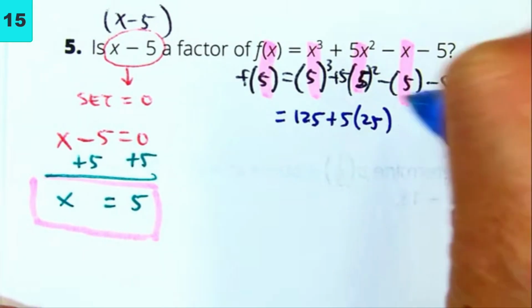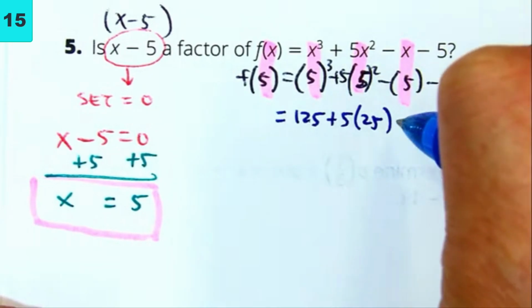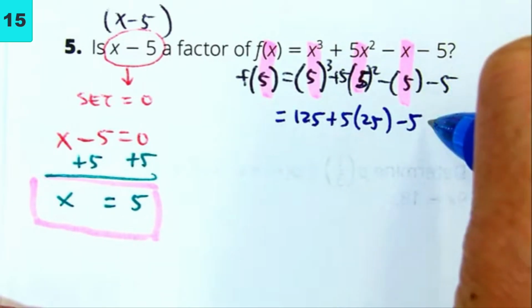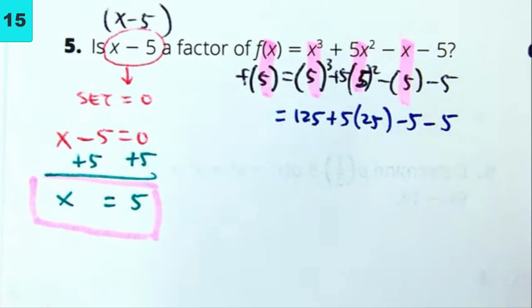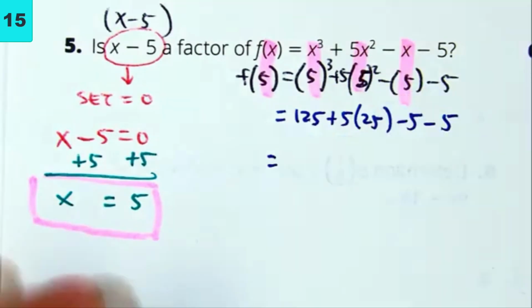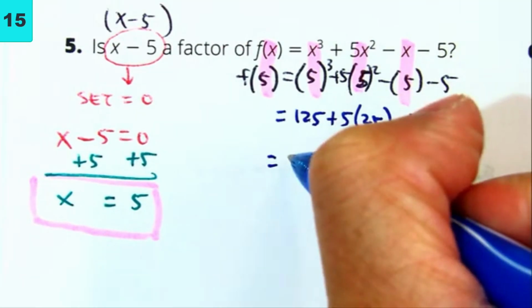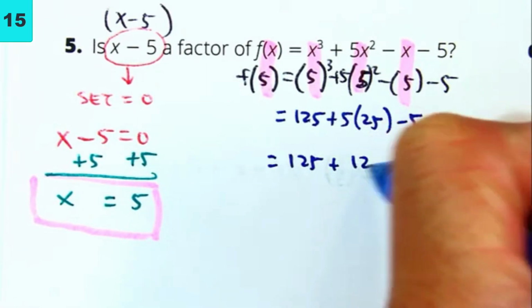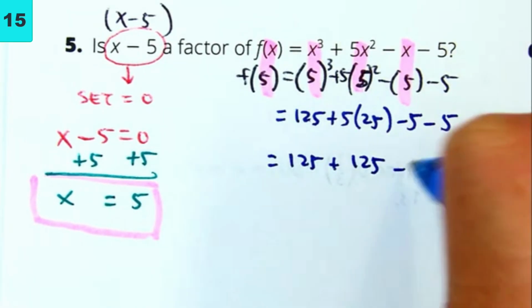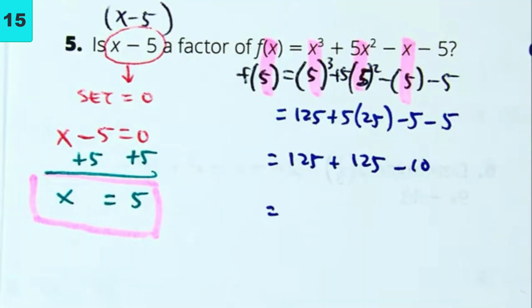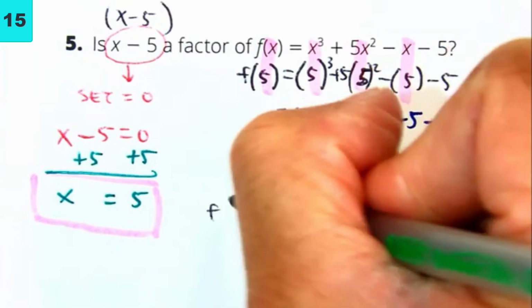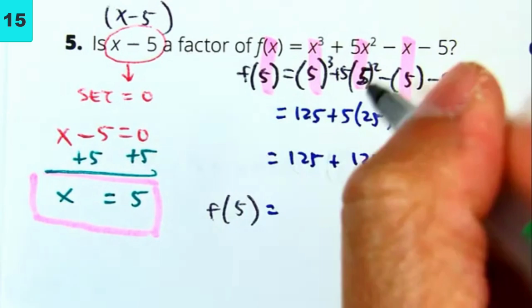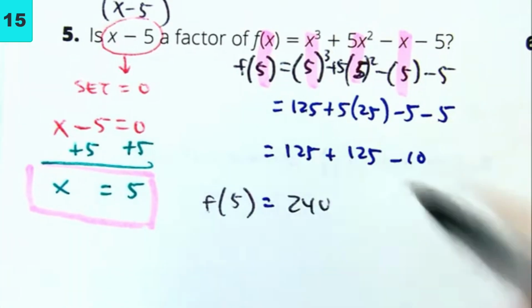This one becomes? Yep. Angel, or keep going. It's 125 plus 125 minus that. And all of that becomes? 140. 240. Raise your hand if you got 240.